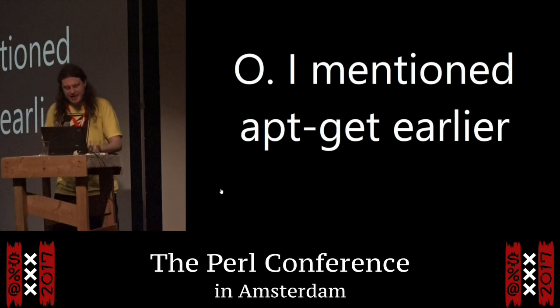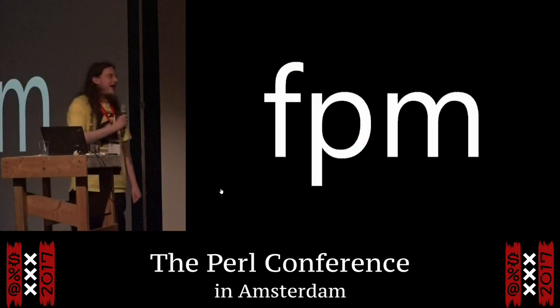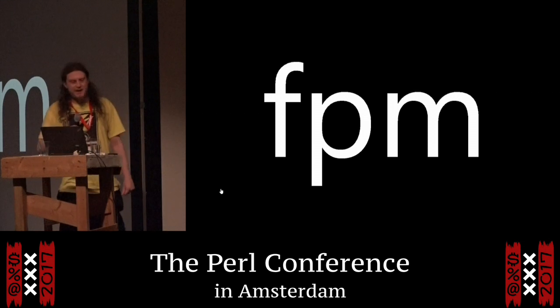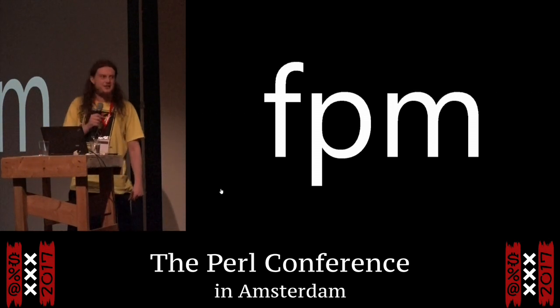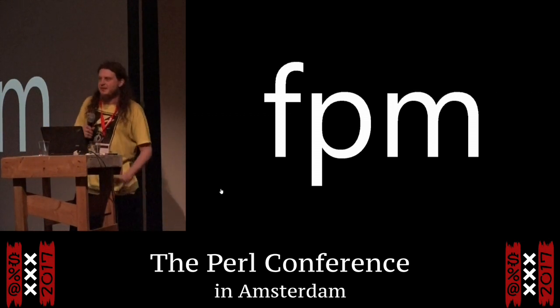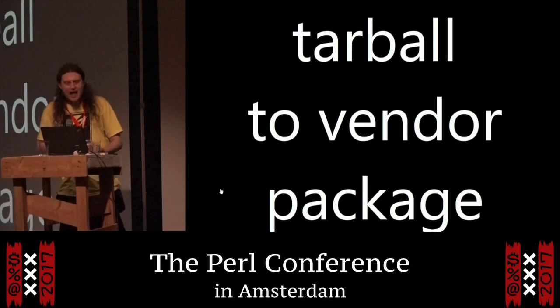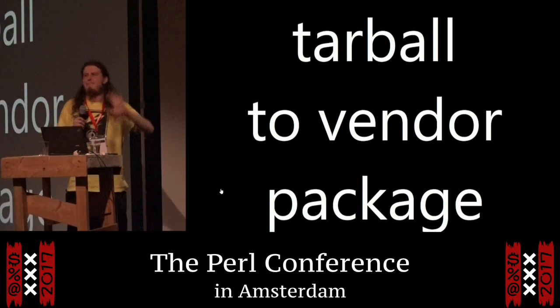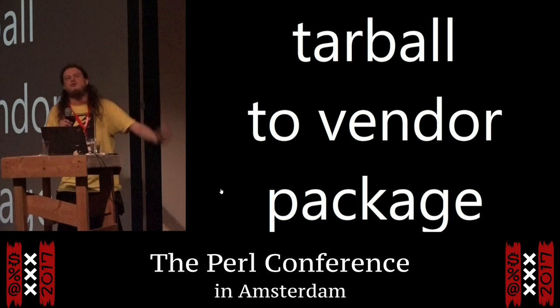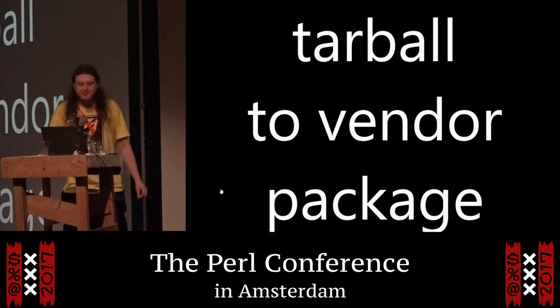Oh, and I mentioned apt-get earlier. There is a thing called FPM, which I think officially stands for effing package me. Basically, you can give FPM one of all sorts of things, and it will spit out a vendor package of the style of your choice.